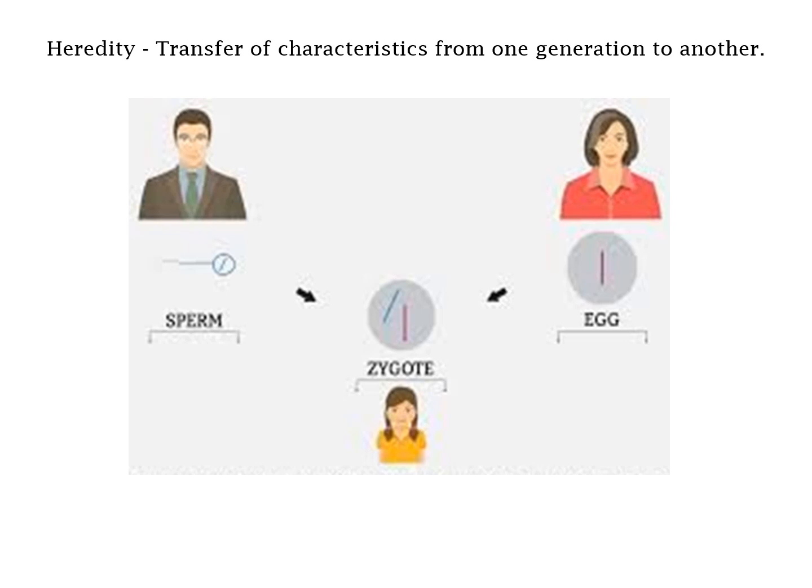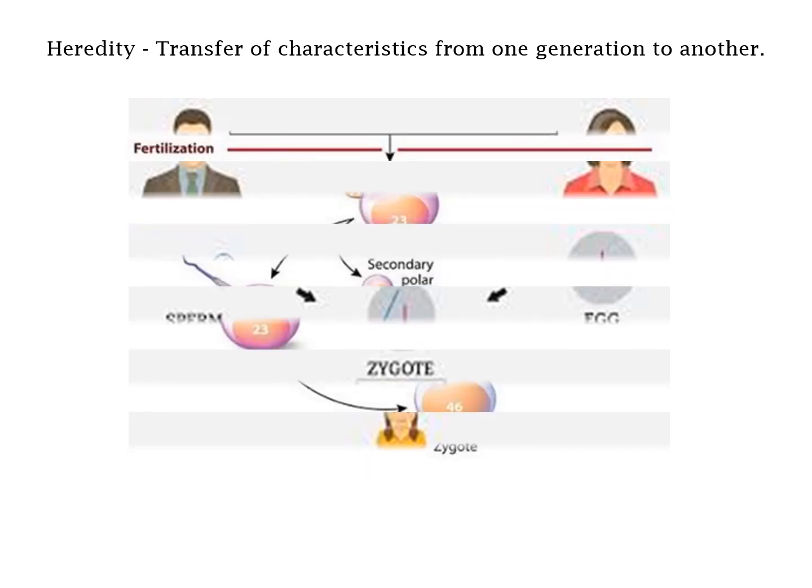We know that during reproduction, the male gamete, that is the sperm, and the female gamete, that is the egg, combine together to form the zygote. I told you that in humans, every cell has 46 chromosomes. However, when I'm talking about the sperm and the egg, the case is different. The sperm has 23 chromosomes and the egg has 23 chromosomes. Why is it so?